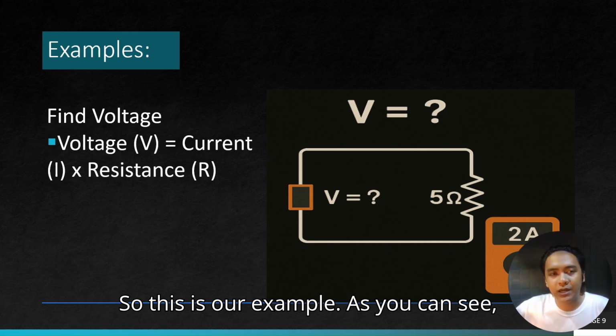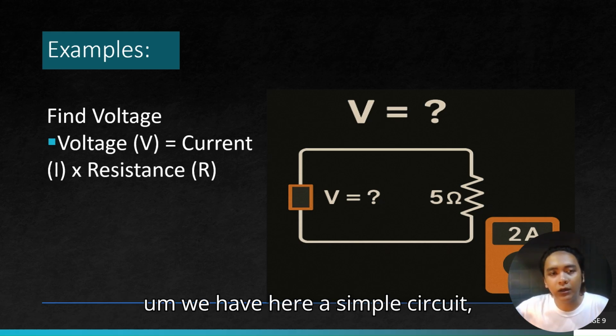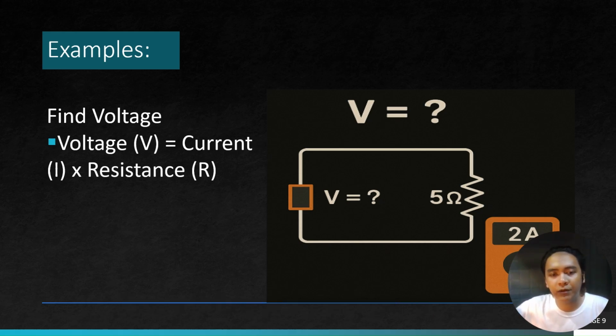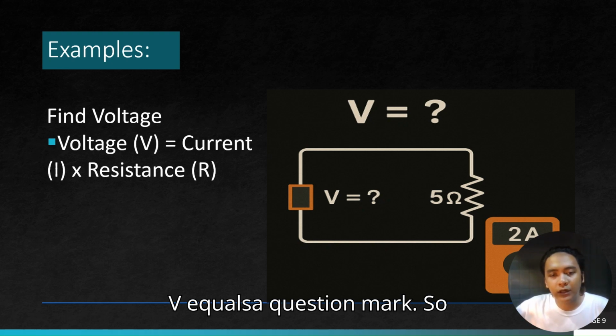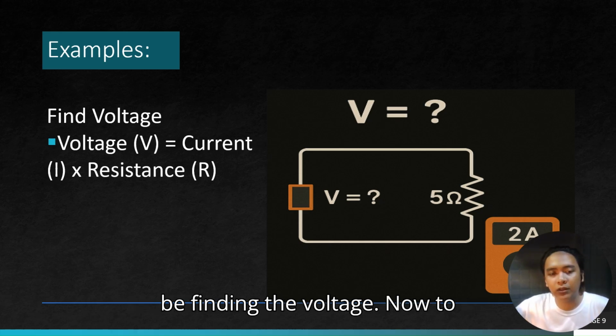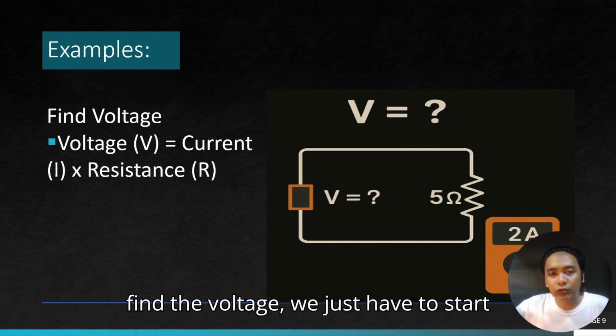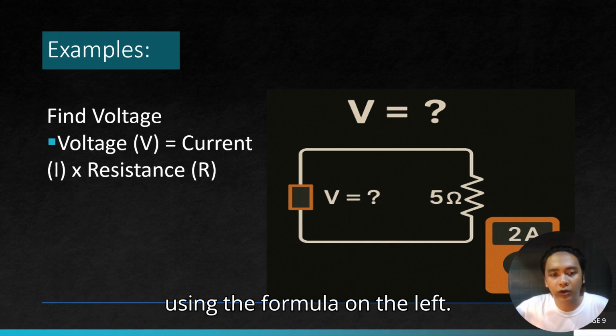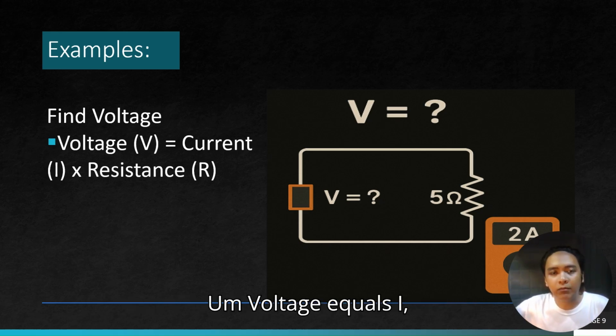So this is our example. As you can see, we have here a simple circuit. V equals a question mark. So that's blank, right? Because we'll be finding the voltage. Now to find the voltage, we just have to start using the formula on the left. Voltage equals I, or the current, times R, or resistance, which are 2 amps.